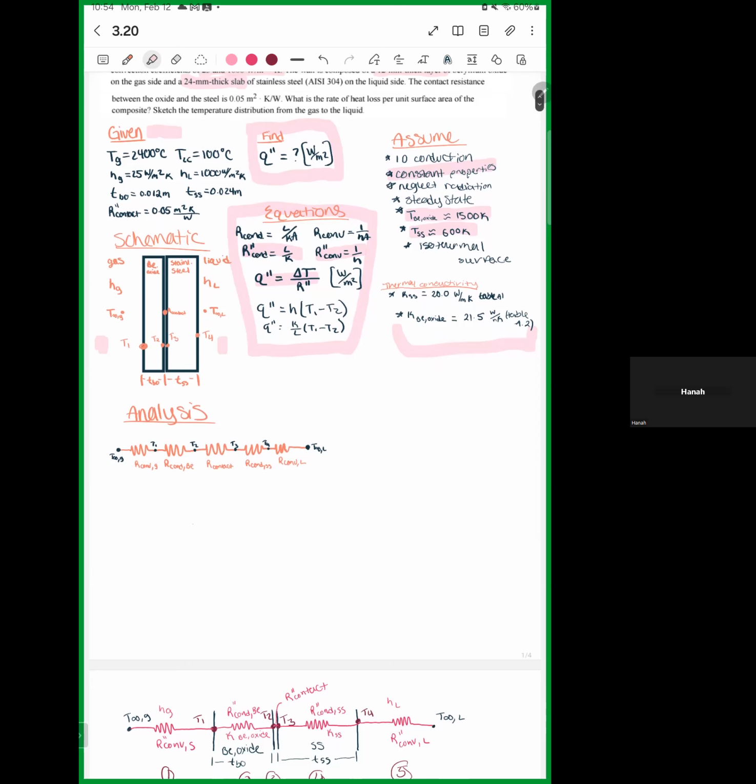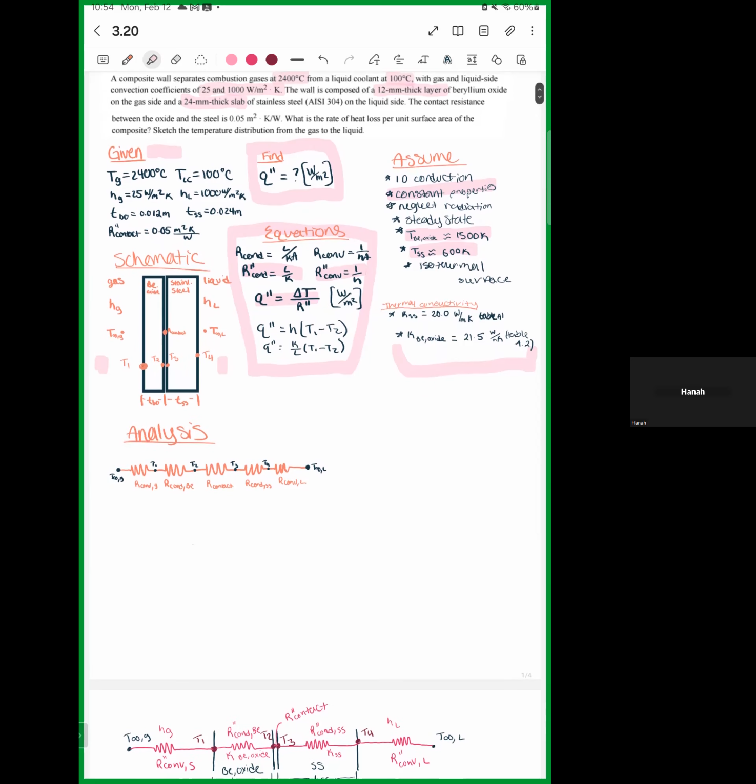So now that we have the problem all set up, we're actually going to go through the analysis. I actually have a thermal circuit already set up here, but I'll talk through it quick. So all of these are in series.